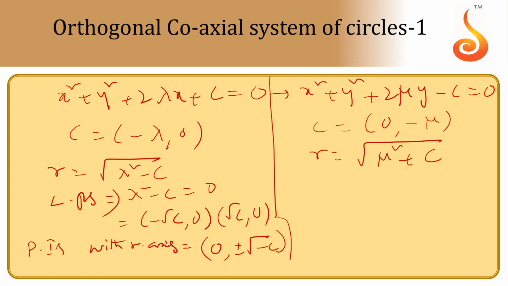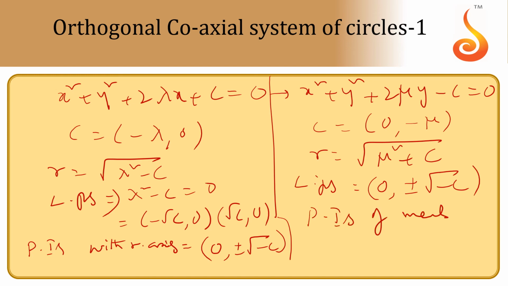Then for the value of mu equal to plus or minus root minus c, limiting points will be 0 comma plus or minus root minus c. And point of intersections of members with radical axis will be plus or minus root c comma 0.